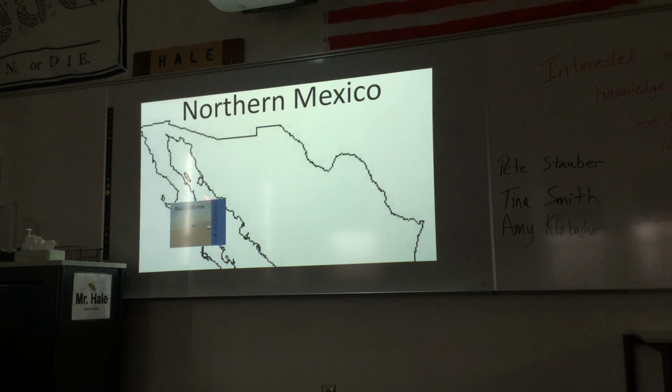This is called the Gulf of California, and this is where the Colorado River we talked about with the United States is actually supposed to drain into, but like we had said, there are periods where it doesn't even get that far, right? Because they're taking so much water out of it that it doesn't drain there anymore.